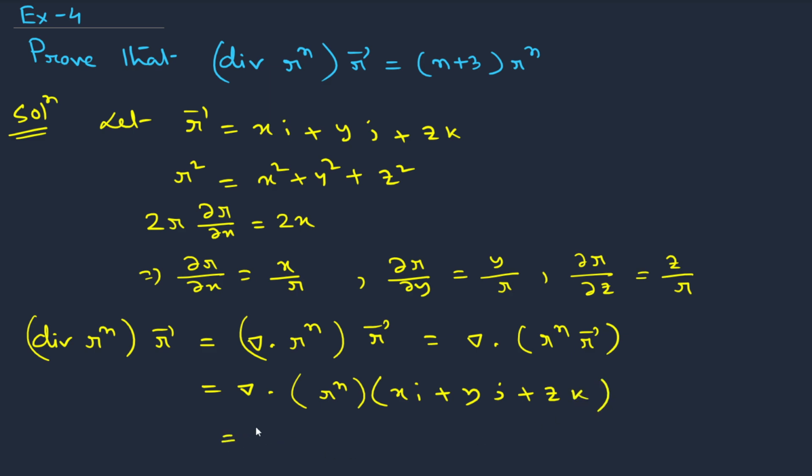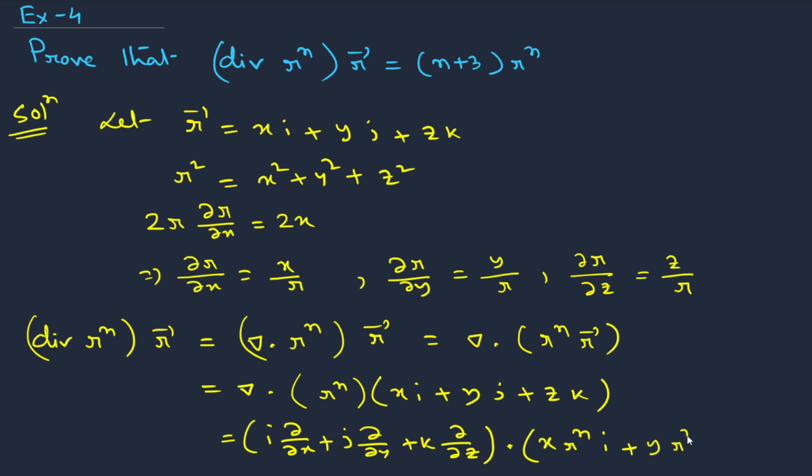Nabla is i del by del x plus j del by del y plus k del by del z, dot. If we multiply this, we get x r to the power n i cap, y r to the power n j cap, z r to the power n k cap.